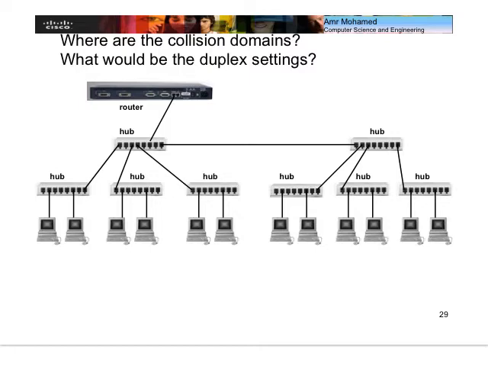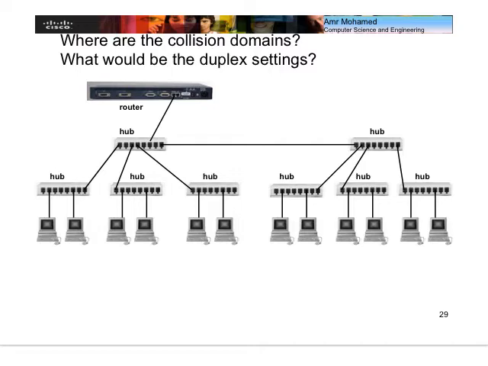So now we would like to explain the concept of collision domain. If we have the hubs connected like this, so these two hubs are connected in serial, and then you have multiple hubs connected using this topology.